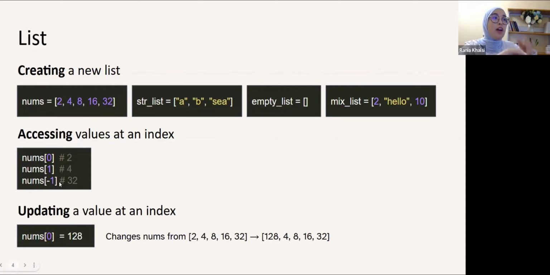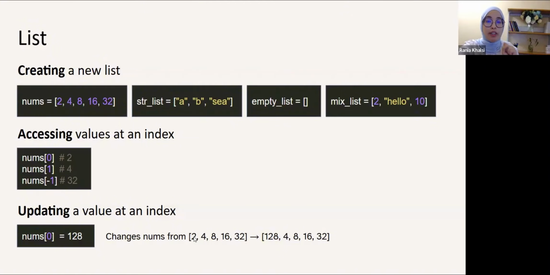I wish things are clear. Now, how does it work if we want to make some changes? Say I initially have in nums, the name of my list, the numbers 2, 4, 8, 16, 32. At a given point, I want to change this 2 to a different number. To make this change, first I need to locate my element.